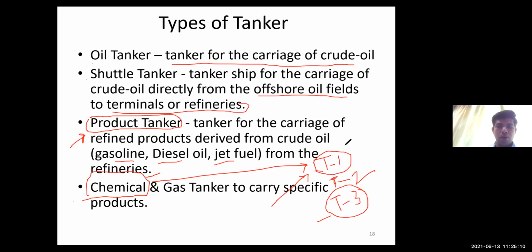Like what kind of cargoes? Anything which is concentrated acid. The phenol and all, naphtha. Phenol, naphtha can be carried under T2 as well, type 2.